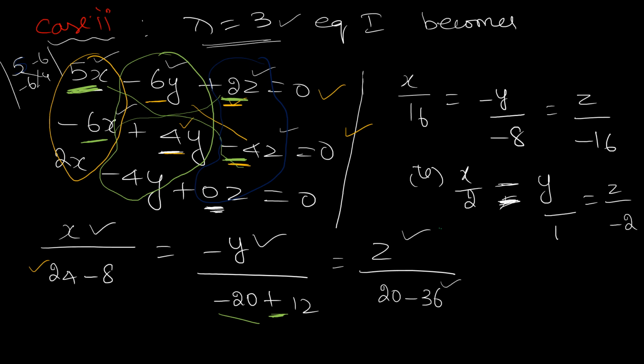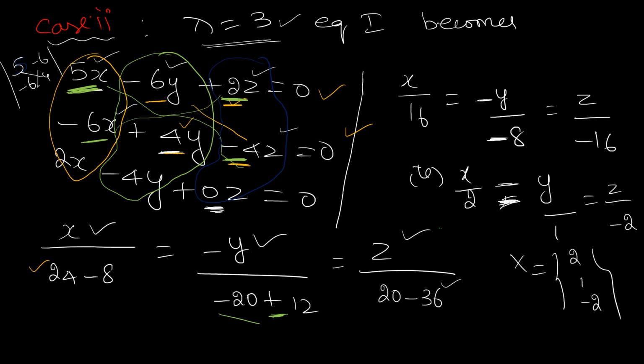We are just dividing it by 8. So this minus and this minus will become plus. So x by 2, y by 1, z by minus 2. What is the corresponding eigenvector for this? That is 2, 1 and minus 2.